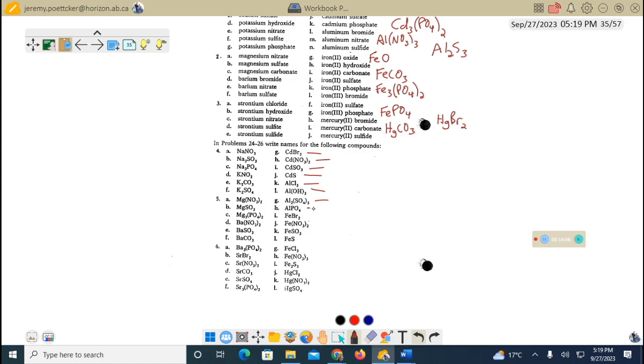Aluminum sulfate. Aluminum phosphate. Iron Roman numeral 2 bromide. Iron 2 nitrate. Iron 2 sulfite. Iron 2 sulfide. Iron 3 chloride. Iron 3 nitrate. Iron 3 sulfide. Mercury 2 chloride. Mercury 2 nitrate. Mercury 2 sulfate.